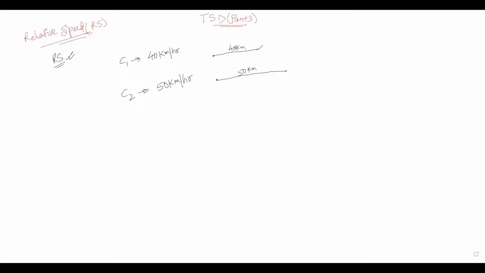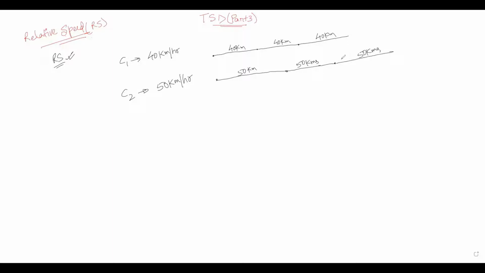Again, for the second hour, the car C1 would be covering again 40 kilometers and the car C2 would be covering again a distance of 50 kilometers. So after 2 hours, the car C2 would be ahead of the car C1 by 20 kilometers. In a similar way, for the third hour, the car C1 would be covering 40 kilometers and the car C2 would be covering 50 kilometers.